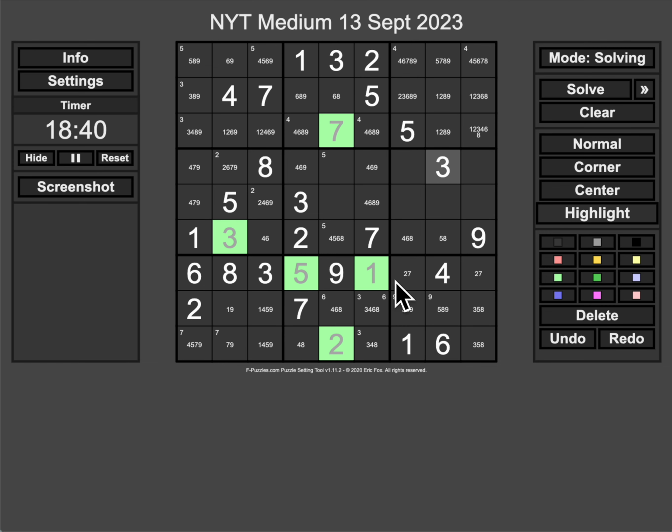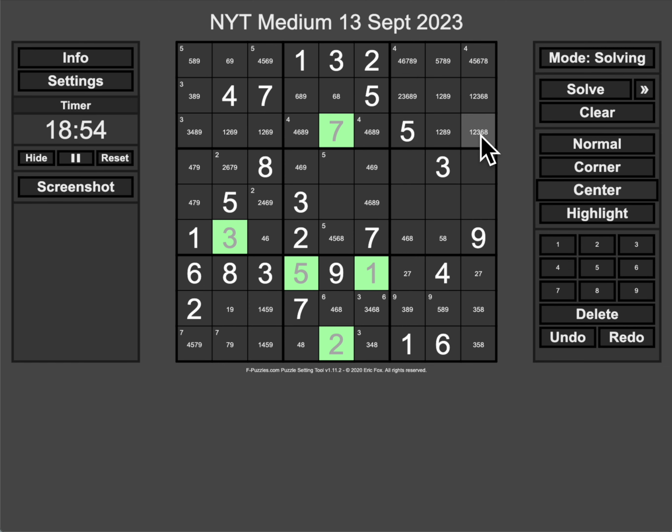Sorry to keep you guys in the dark, but I've been thinking, and I've got a 3 in one of these two, and nothing else is a 3. I got a 5 in one of these two, and nothing else is a 5. Oh, why don't I have a 4 there? That's silly of me. One of these is a 4, so this can't be 4.